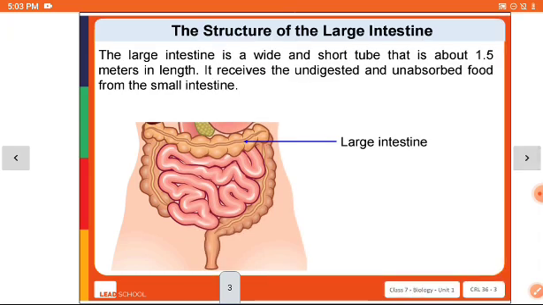The structure of the large intestine: the large intestine is a wide and short tube that is about 1.5 meters in length. It receives the undigested and absorbed food from the small intestine. In this diagram, the part labeled with a blue arrow is the large intestine.